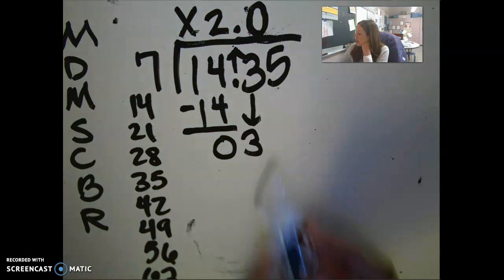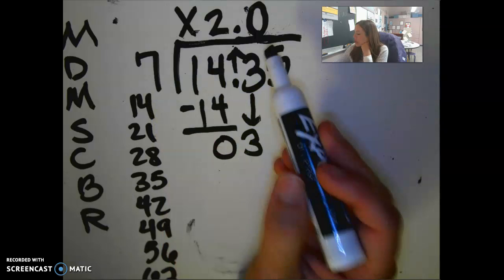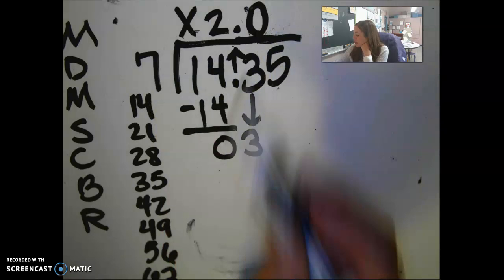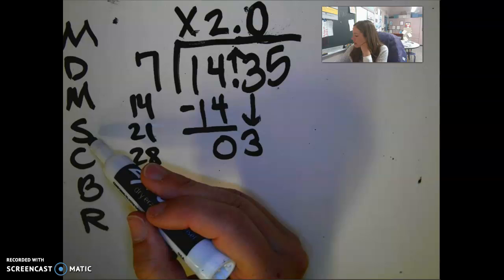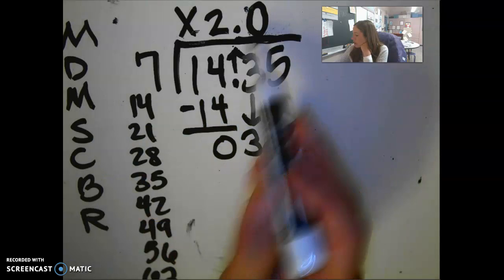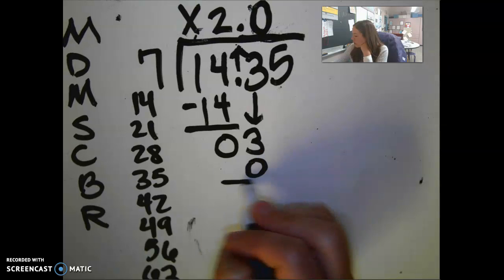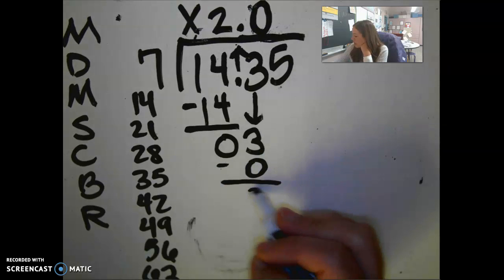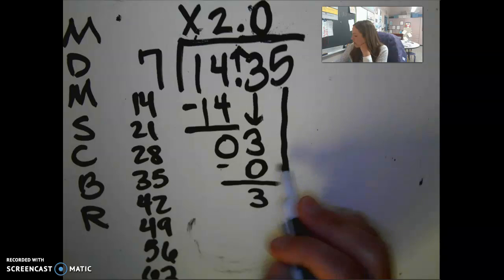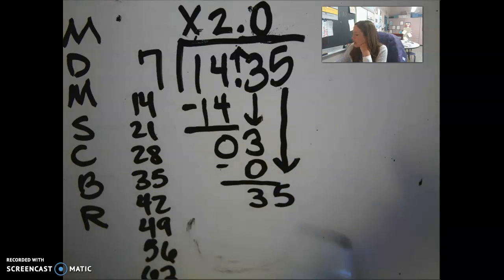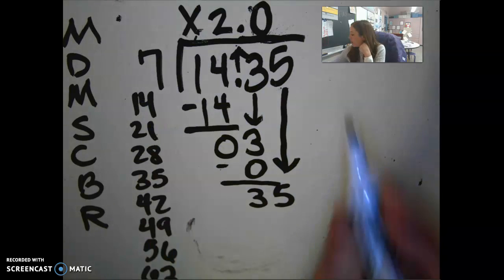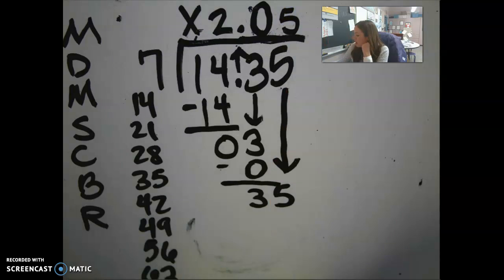Okay? So 7 goes into 3 0 times. So what do I subtract? Well, we subtract 0 times 7. 0 times 7 is 0. And then I bring down the 5. Now I can say 7 goes into 35 5 times.